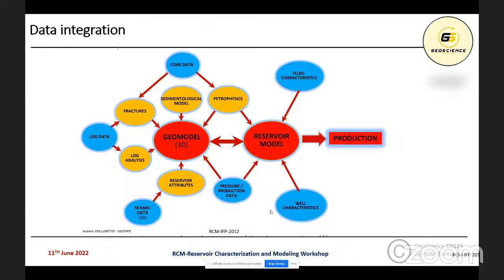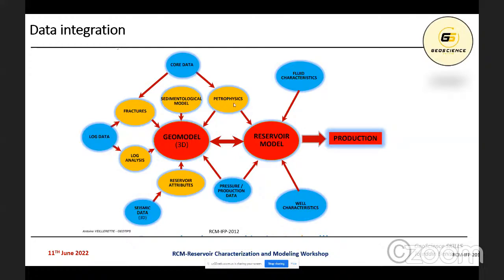So this slide summarizes the integration workflow for any reservoir characterization and modeling project. As you can see, we have the geomodel in 3D. We have the orange bubbles, which indicate the data that should be input into the geological model.